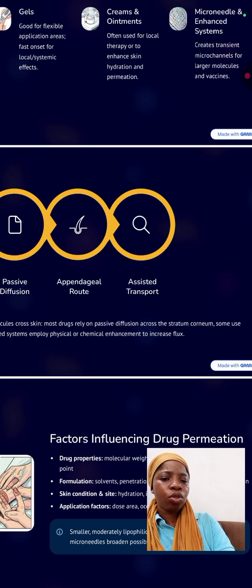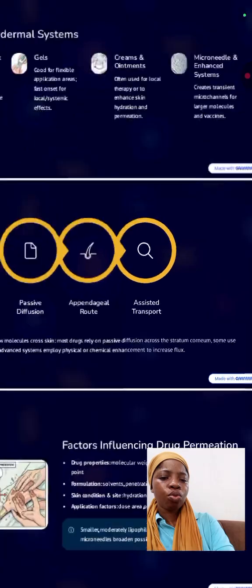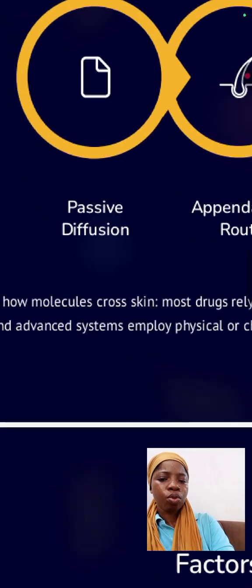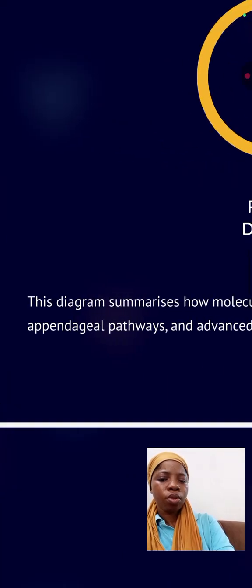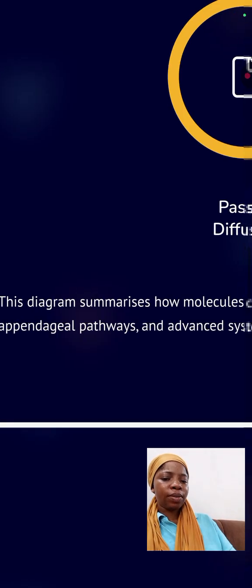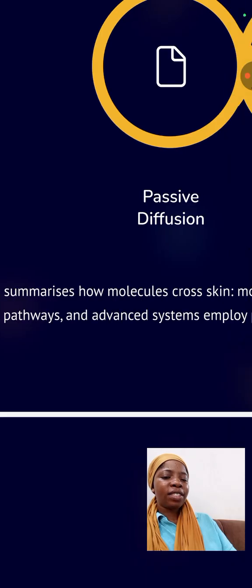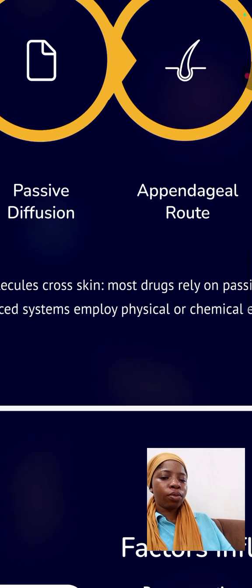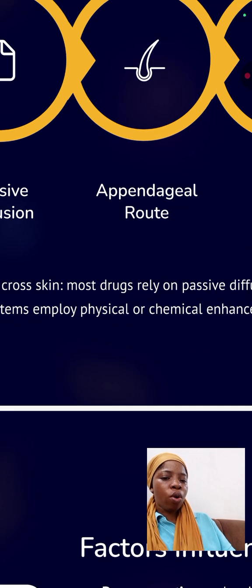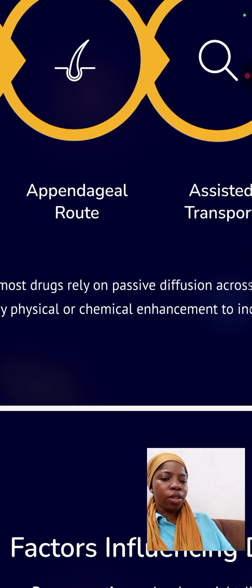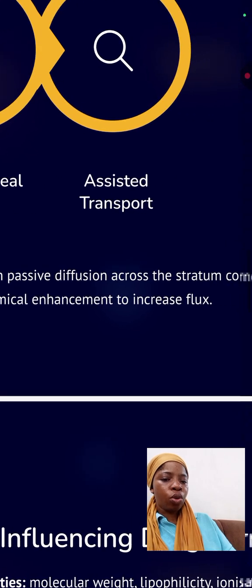Some use epithelial appendage paths, and advanced systems employ physical or chemical enhancement to increase flux.